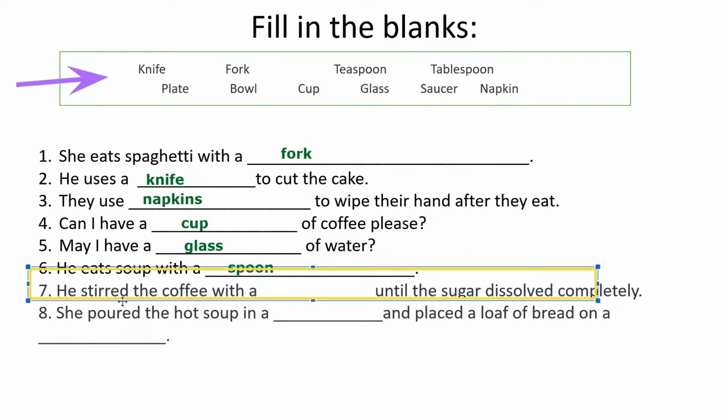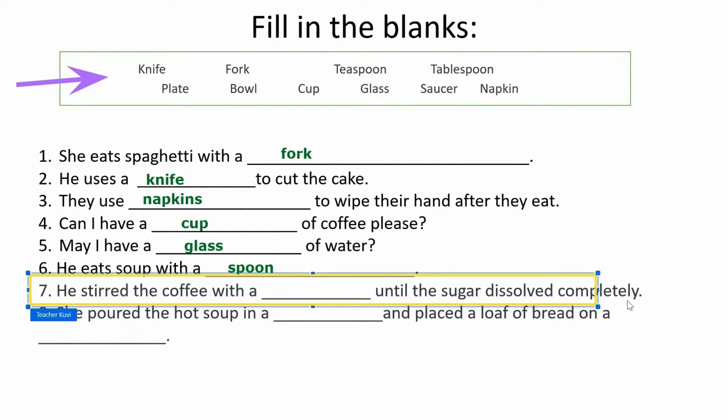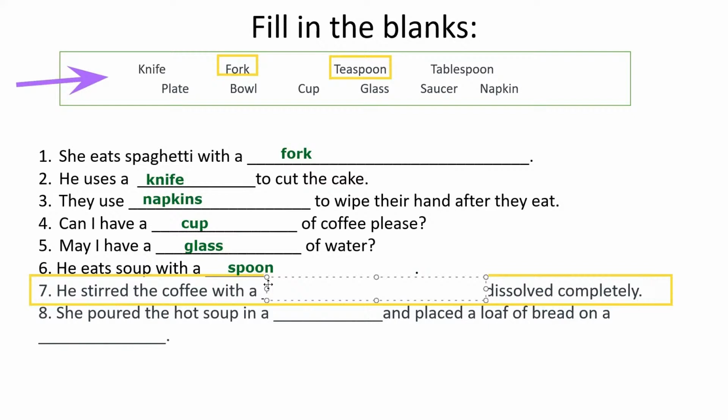And number 7, he stirred the coffee with a until the sugar dissolved completely. So, do you think we should say a fork or a teaspoon? What do you think? I hope you said teaspoon. If you did, then you are correct. He stirred the coffee with a teaspoon.